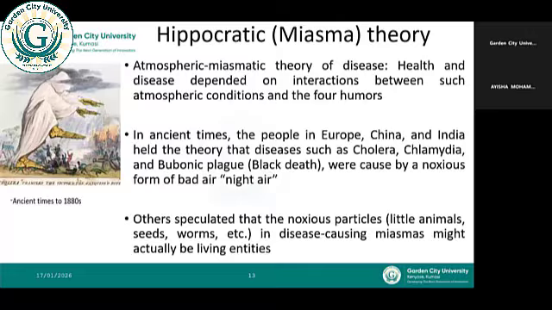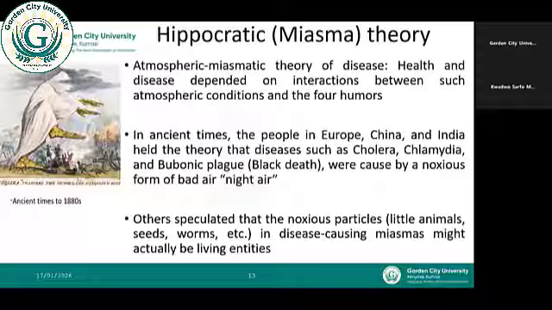So it became a dominant issue. Europe, China, India, they were all buying into this belief because there were several outbreaks: cholera, the bubonic plague, the Black Death, that resulted in the death of so many people, millions of people. So they thought that these were caused by bad air in the communities.